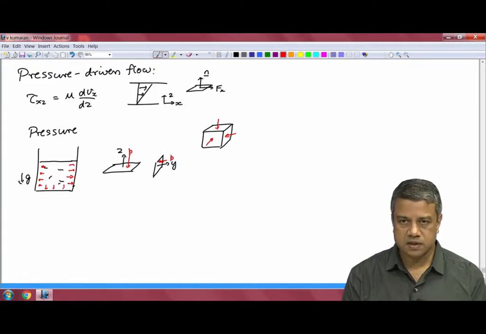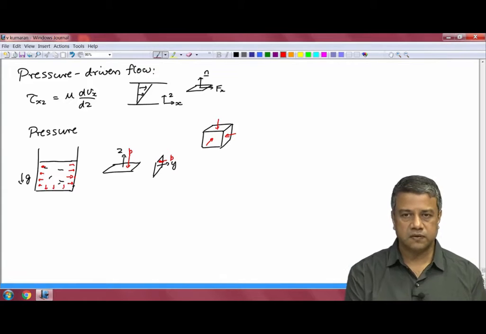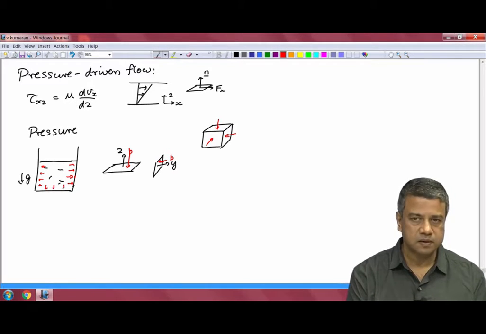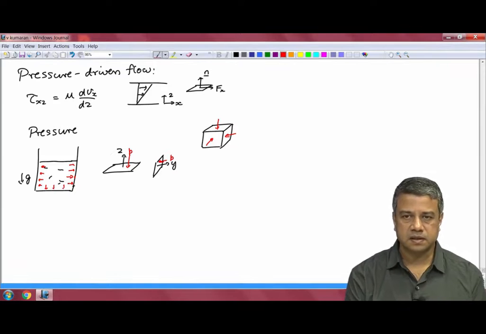And the force per unit area on the surface is equal to the pressure. Pressure times the surface area will give you the force that is exerted on the surface that tends to compress the volume element. So, that briefly is a description of pressure.